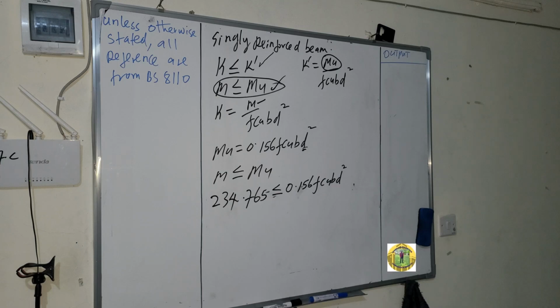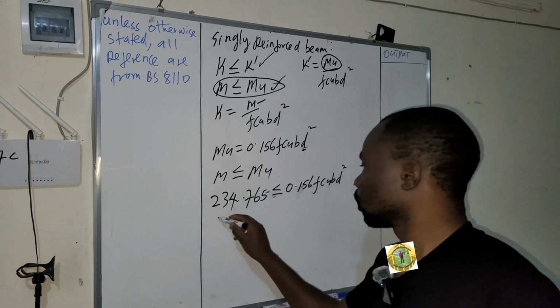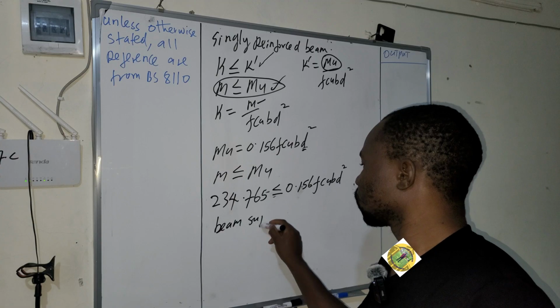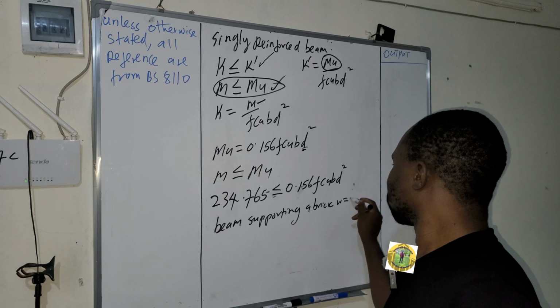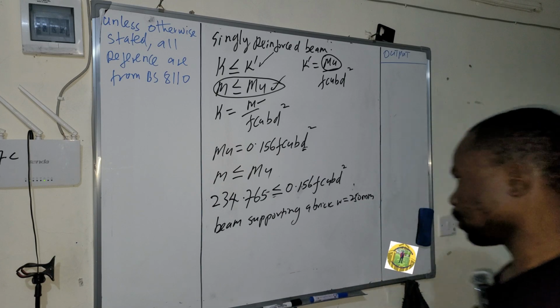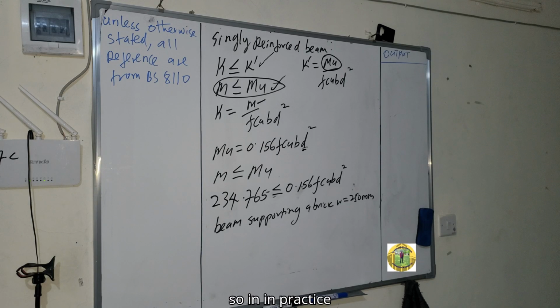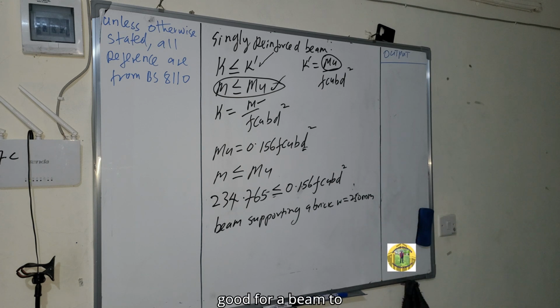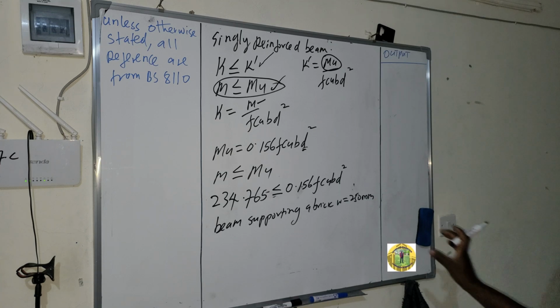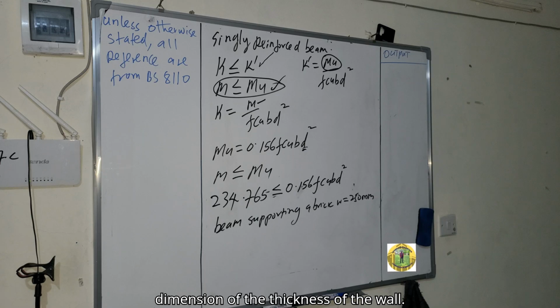Since this beam is supporting a brick wall of 250 millimeter, in practice it is good for a beam to match the dimension of the thickness of the wall.